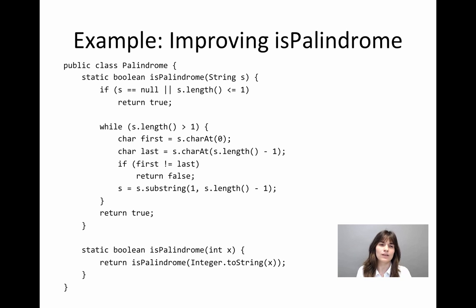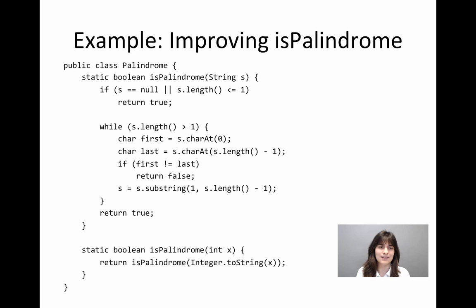You may recall the Palindrome class and the isPalindrome method that we wrote some time ago when we were talking about loops. See the isPalindrome method that takes as a parameter a string. It will return true if the argument is a palindrome, false otherwise.